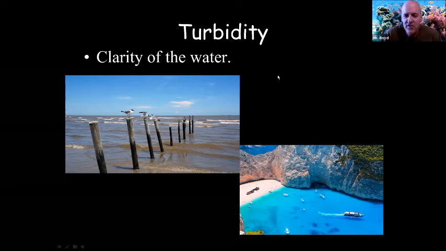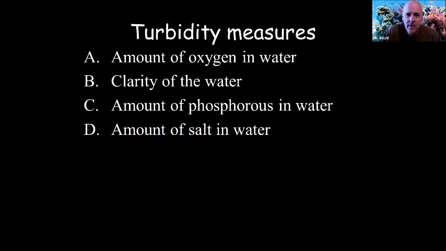You can also use something called a Secchi disc, which we have one at school, and I would show it to you, but I didn't go pick it up, and we're not there. It's just a disc that's white with white and black markings. You lower it into the water until you can't see it anymore. Okay, so what does turbidity mean?